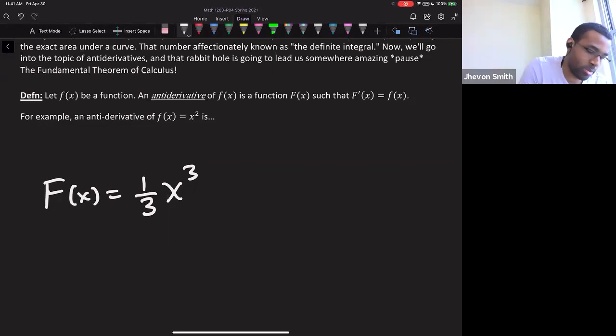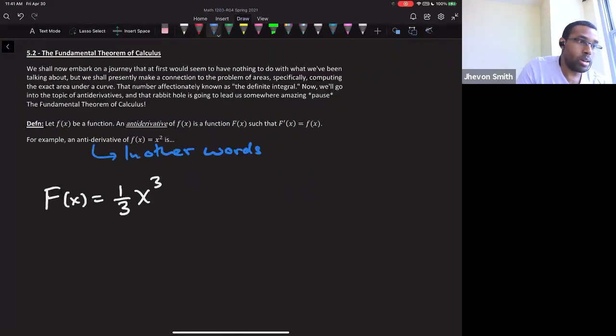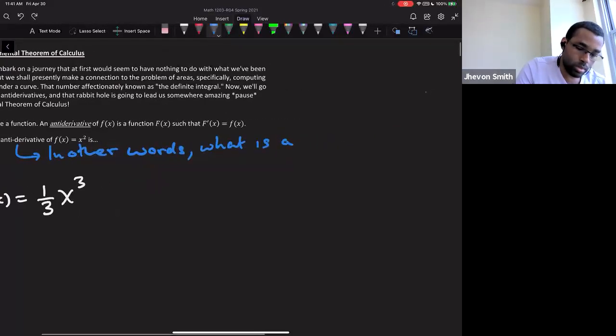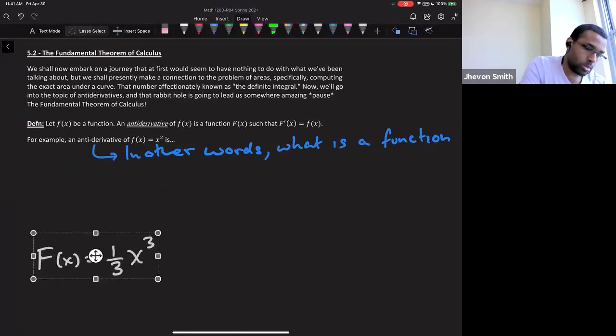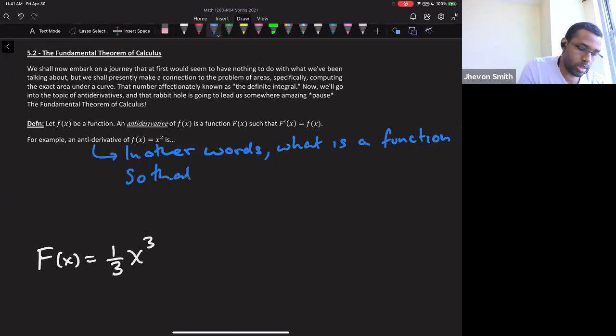So when I said find an antiderivative F of x, what I'm saying is, in other words, what is a function big F so that if I were to take the derivative of the big F, I would get the little f, which is x squared here.